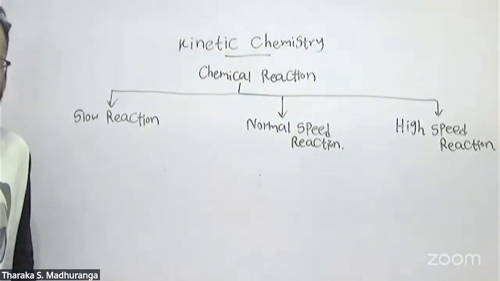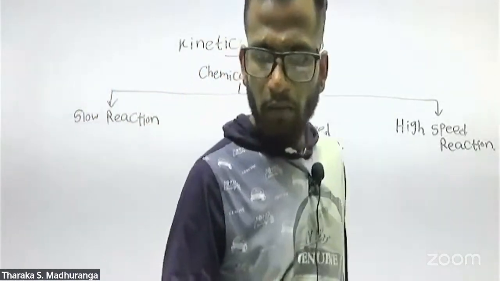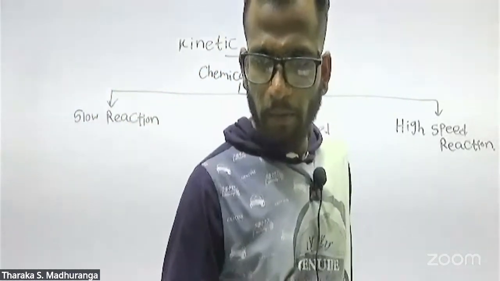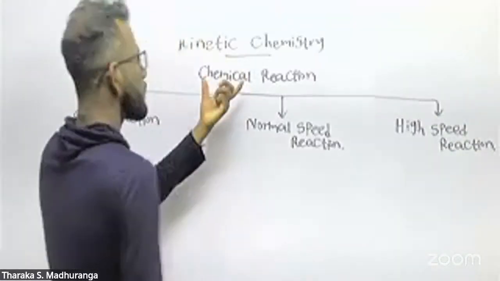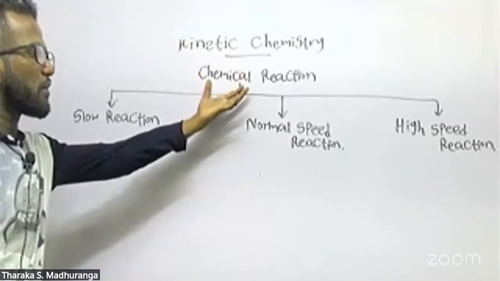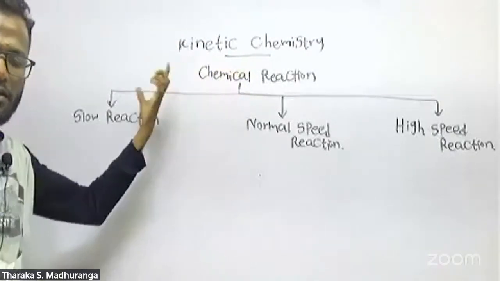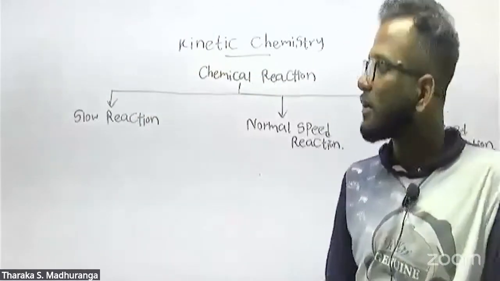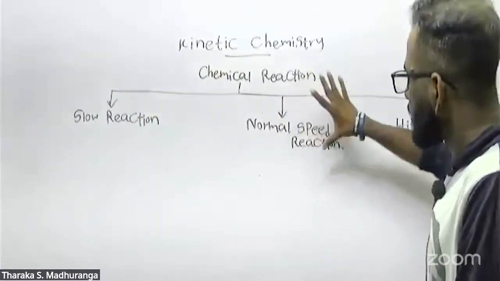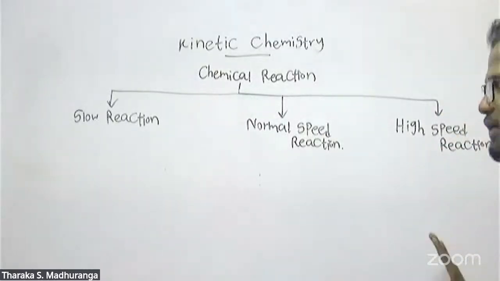So, according to the rate of chemical reaction, we divide chemical reactions into three main types: slow reactions, normal speed reactions, and high speed reactions.